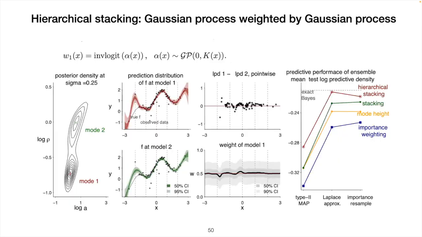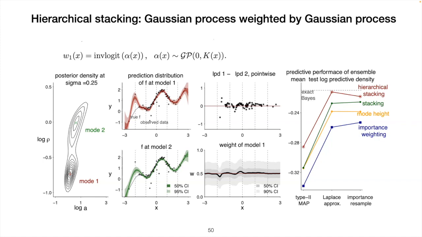This is the same example as before, Gaussian process regression, where I find two modes, mode 1 and mode 2, in this landscape of length scale and scale of the Gaussian process kernel. I have two predictions generated using mode 1 and mode 2, and I want to average over them.